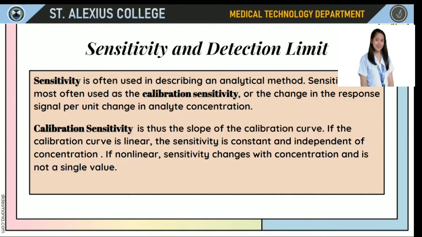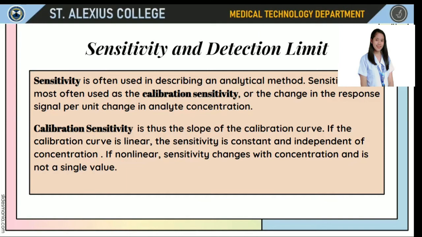The calibration sensitivity does not indicate what concentration differences can be detected. The noise in the response signals must be taken into account in order to be quantitative about what differences can be detected.